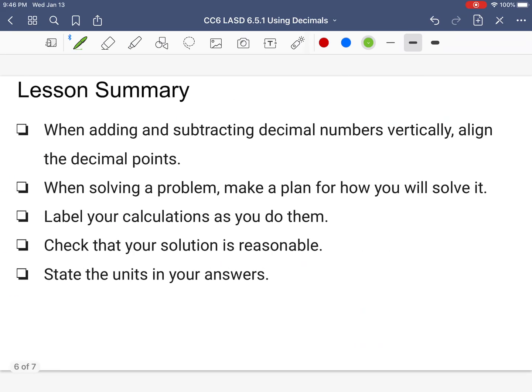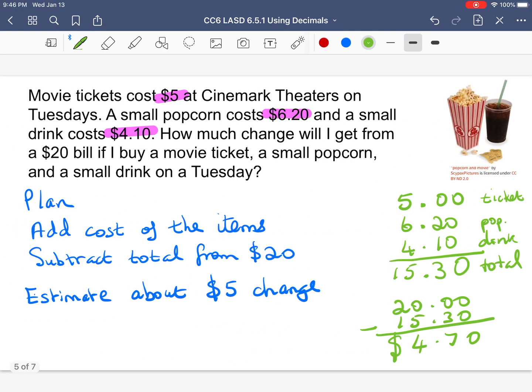So to summarize, when adding and subtracting decimal numbers vertically, align the decimal points so that they're directly above and below each other. When solving a problem, any math problem, make a plan for how you will solve it. Label your calculations as you do them. Let's go back to see where we labelled.